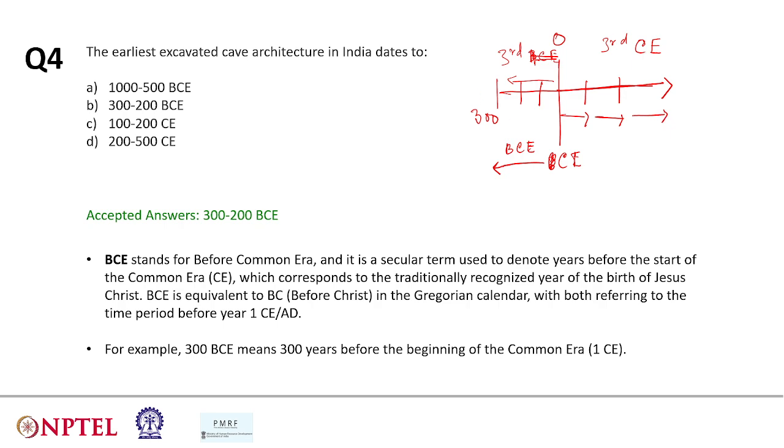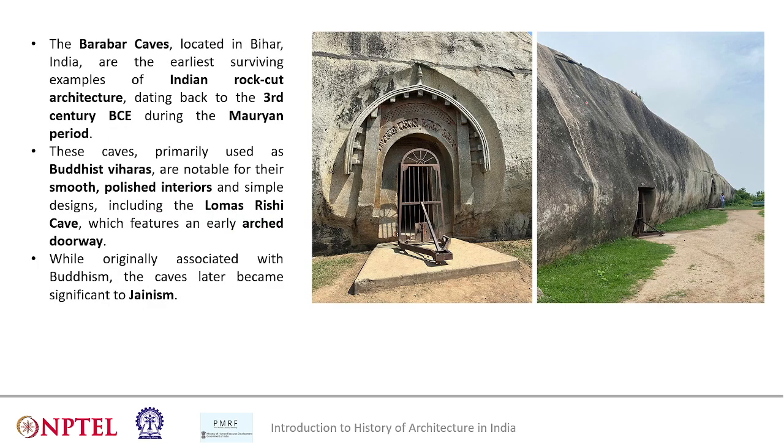And when you see the term BCE, it refers to the years before. So the scale runs in the reverse way compared to the Common Era, which starts from the birth of Jesus, from 1 CE, or AD. Now, with that, as I said, the accepted answer is 300 to 200 BCE.